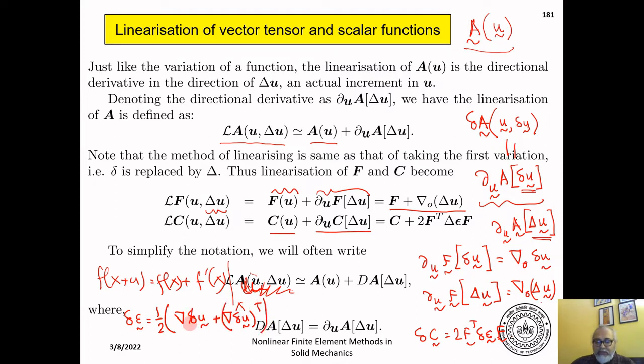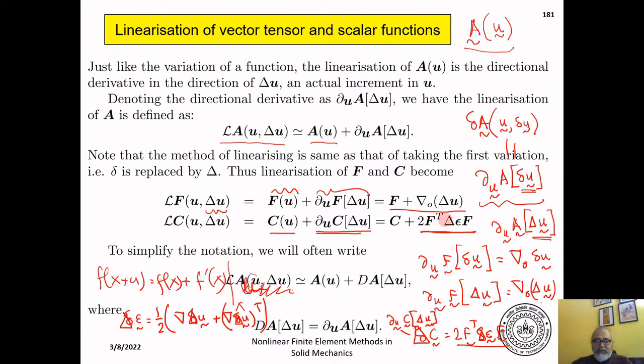So everywhere replace this, and you get delta epsilon. So that delta epsilon would go in here when you have to calculate delta C, and that is this quantity. So this is the same thing as C evaluated in the direction of delta u. So this replaces this, and this can be replaced here.